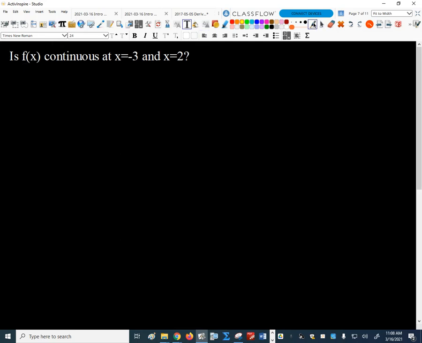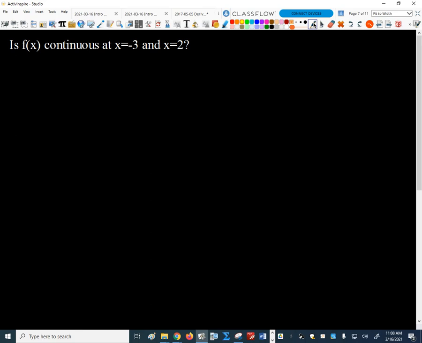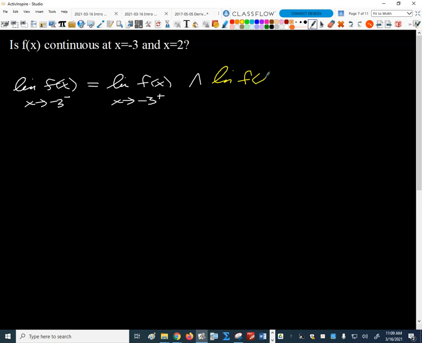If it's true, the limit of f of x as x approaches negative 3 from the left must equal the limit of f of x as x approaches negative 3 from the right, and the limit of f of x as x approaches 2 from the left must equal the limit of f of x as x approaches 2 from the right. Okay, well, we can check that.